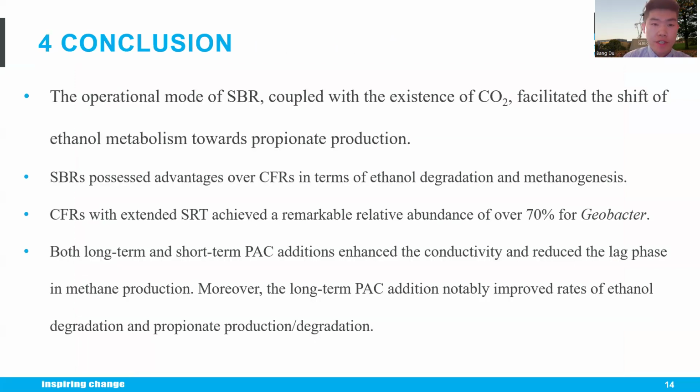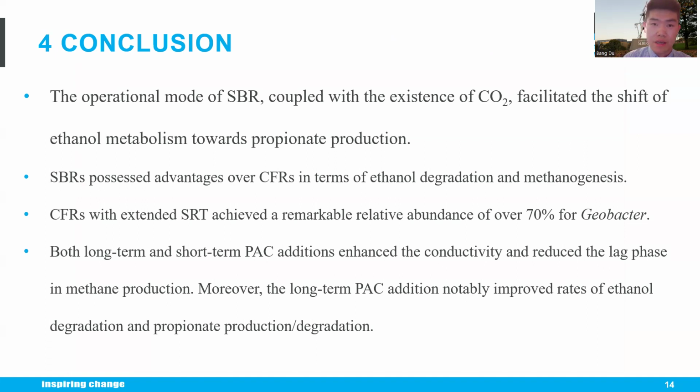Okay, here are some take-home messages. First, the operational mode of SBR, coupled with the existence of carbon dioxide, could facilitate the shift of ethanol metabolism towards propionate production. And second, SBR possesses an advantage over CFRs in terms of ethanol degradation and methanogenesis. And third, we found CFR with extended SRT could achieve a remarkable relative abundance of over 70% for Geobacter.